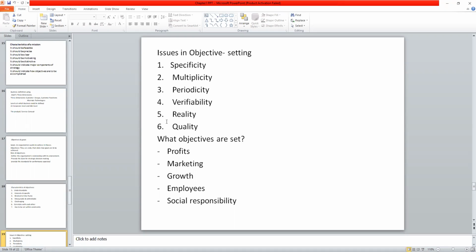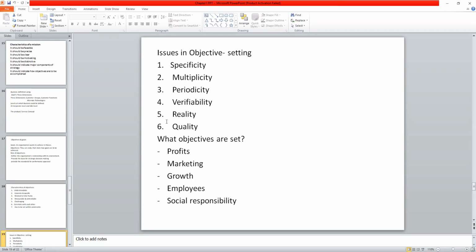Similarly, when employees are considered, it's the industrial relations and welfare and development of the employees. Social responsibility refers to community service, rural development, auxiliary industry development, or family welfare. So, how the company thinks of achieving social responsibility by specifying it in the objective statements.